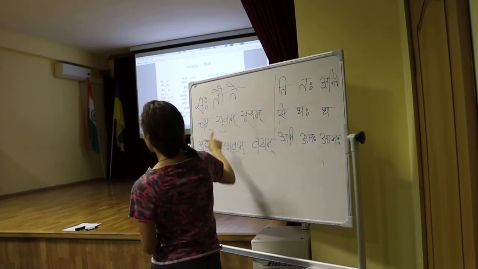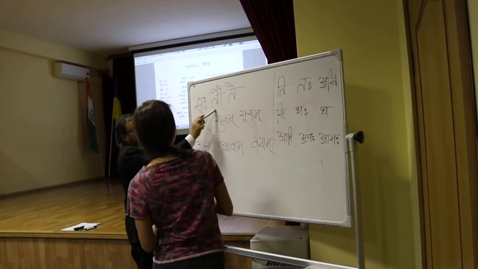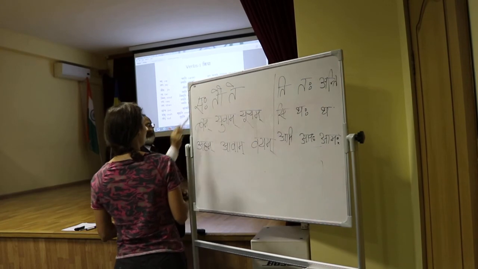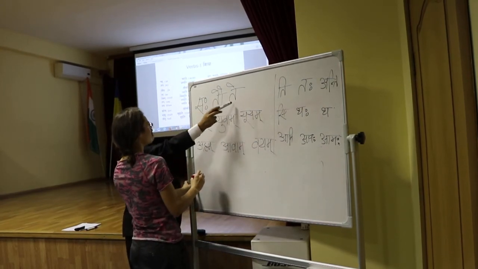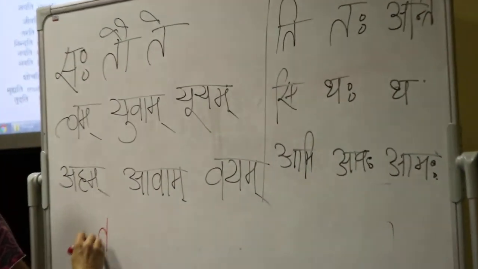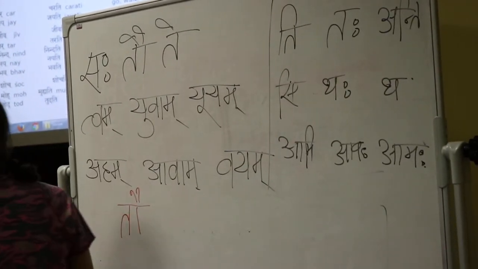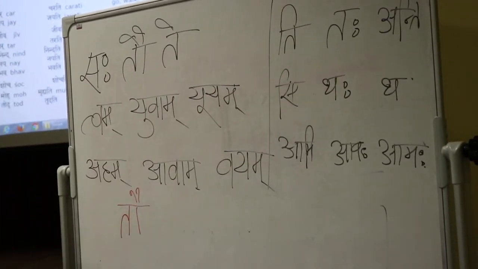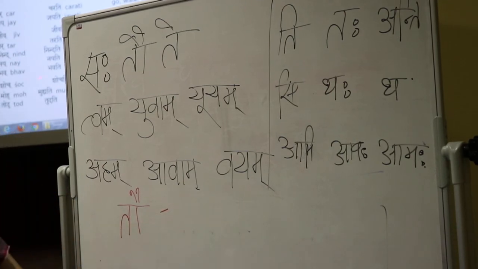Они вдвоем опережают. They two. He, they two, they all. So they two. Two of them are, what did I say? Leading. Они вдвоем лидируют. Лидируют, опережают.